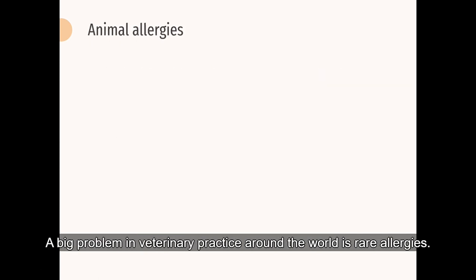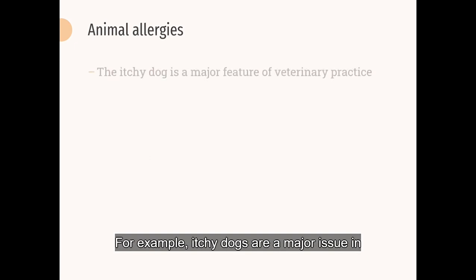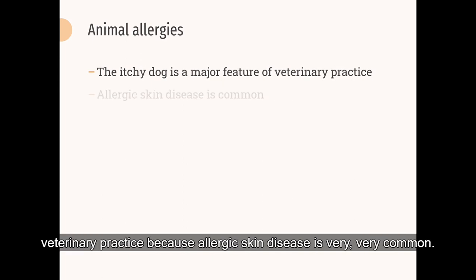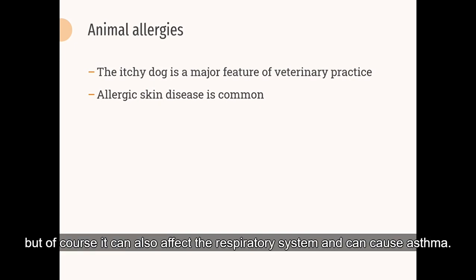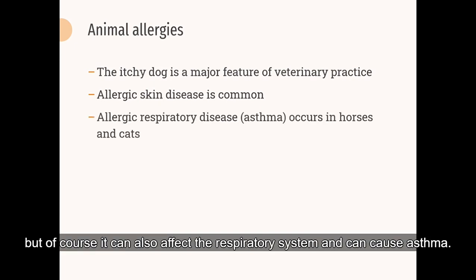A big problem in veterinary practice around the world are allergies. For example, itchy dogs are a major issue in veterinary practice because allergic skin disease is very, very common. It's mediated by IgE production. And not only does it affect skin, but of course, it can also affect the respiratory system. It can cause asthma.